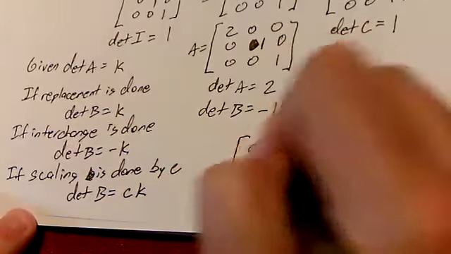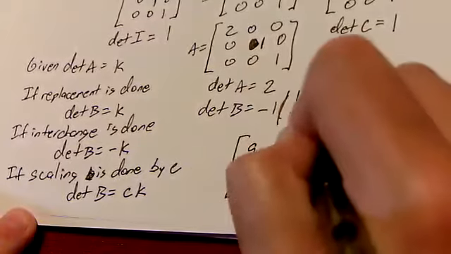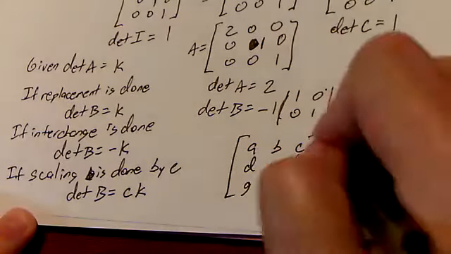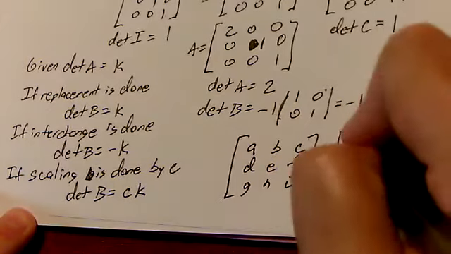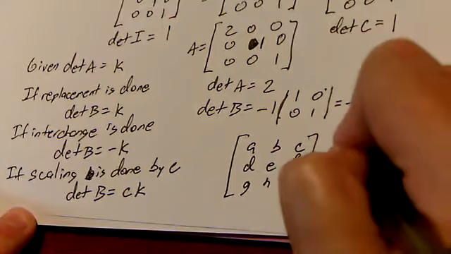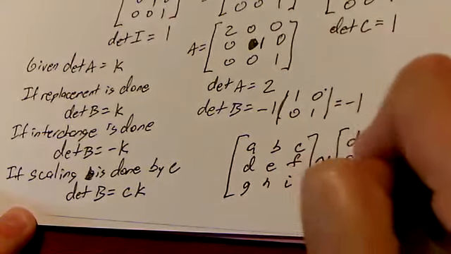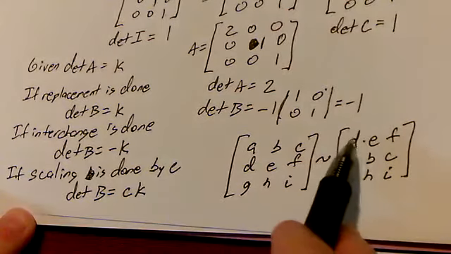So let's take a look at an arbitrary matrix here. If I have A, B, C, D, E, F, G, H, I, I'm going to do a row operation here, where I'm going to have D, E, F, A, B, C, G, H, I. So what's happened here is there has been an interchange.